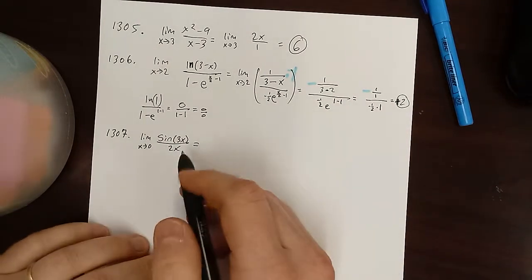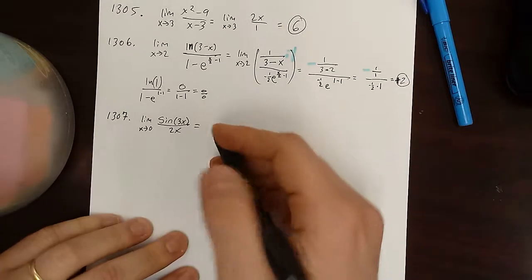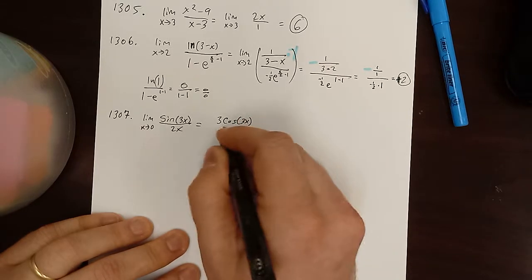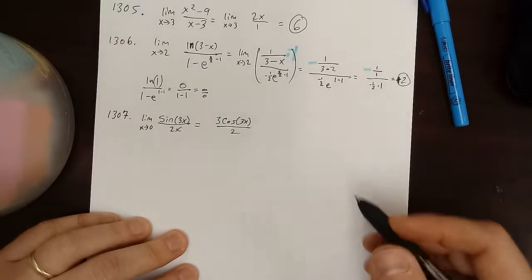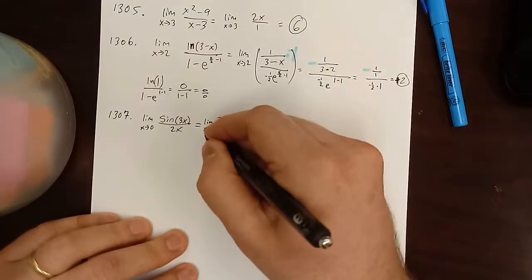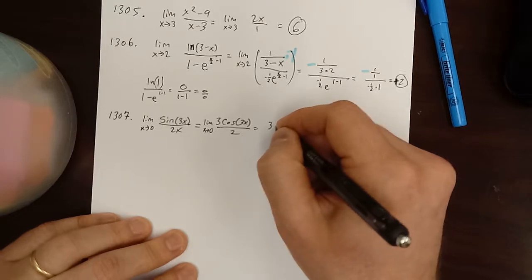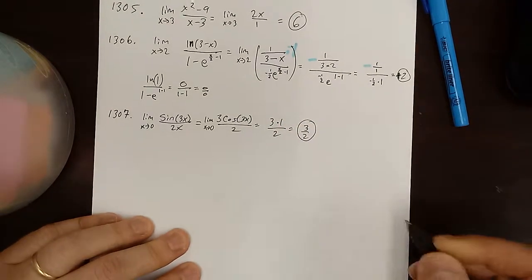So now if we take the derivative of the top, we're going to get 3 cosine 3x there. I remember to do chain rule that time. Over 2. And hey, let's take the limit as x goes to 0 of that. We'll plug in 0. We get 3 times 1 over 2, which is just 3/2. Sweet.